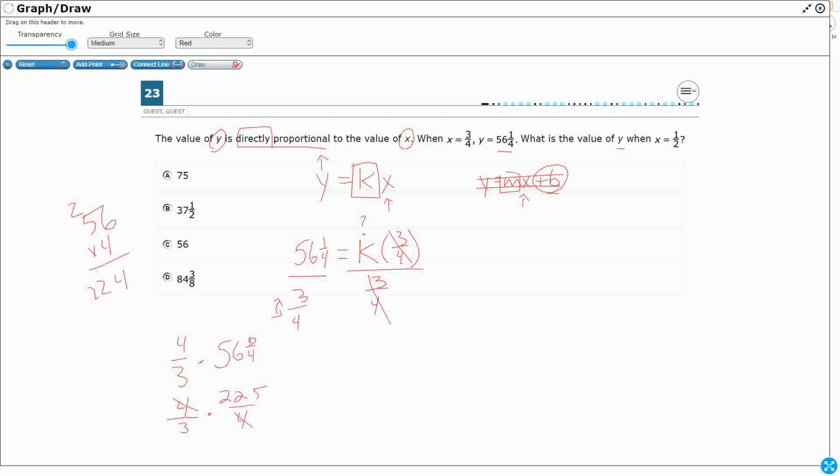So really, it's just 225 over 3. So if you want, you can divide that, 3 into 225, so that's going to be 7 and that's going to be 5. So k equals 75.